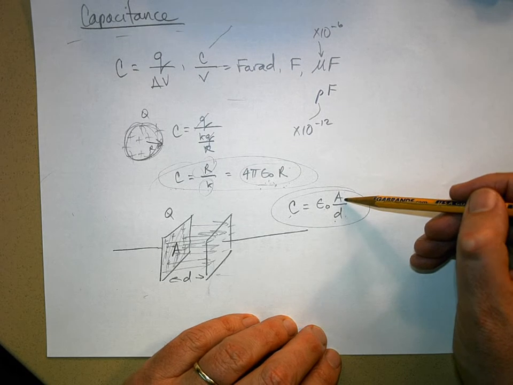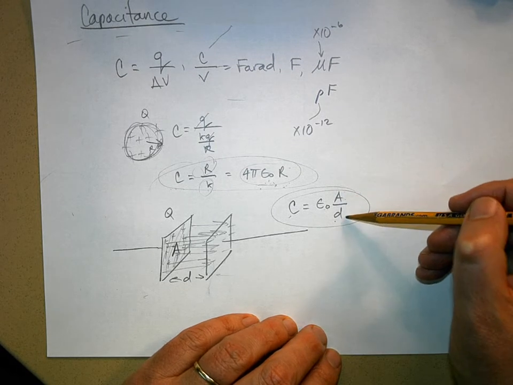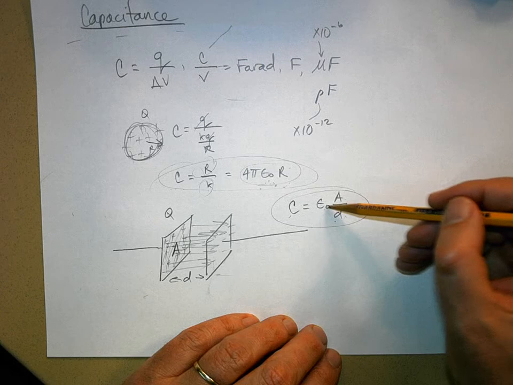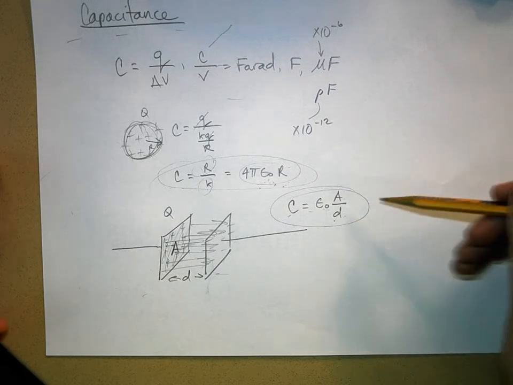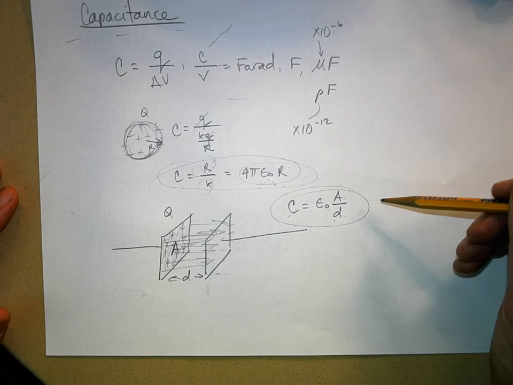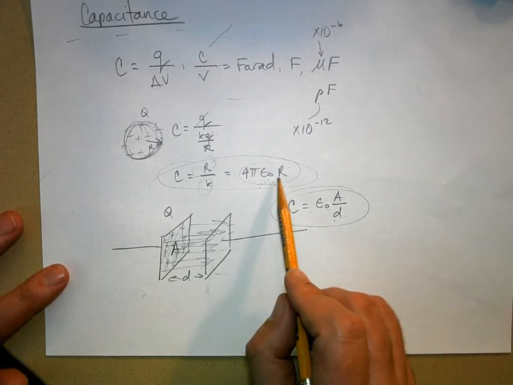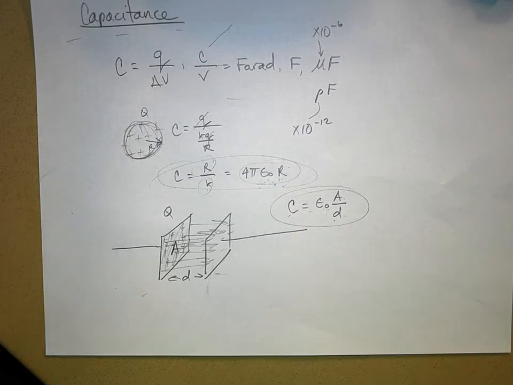It's meters squared. What is D? That's meters. So this is meters times whatever units epsilon naught has, farads per meter, and look at R. Same. So dimensionally, it's the same, and that's good.